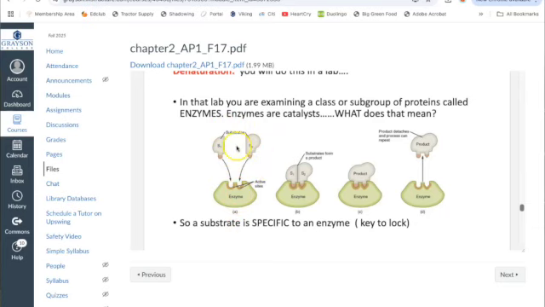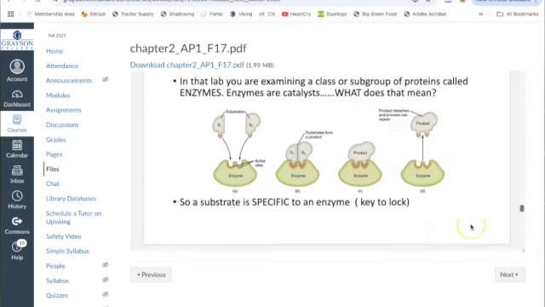So the substrate will go into an enzyme. Here's the enzyme that helps the substrate, which at this moment is the reactant, and then it will become a product. So a substrate is the reactant in an enzymatic reaction.